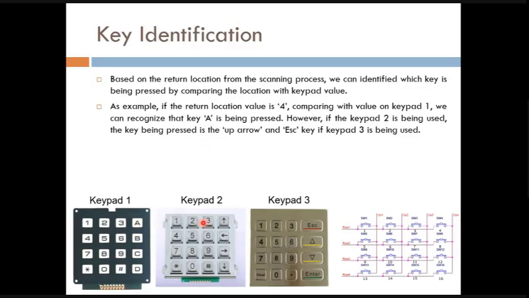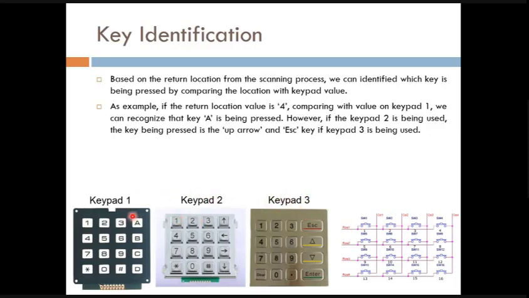If you refer to keypad 2, arrow up is pressed. If you refer to keypad 3, only the escape button is pressed. So the value is not the same, but the method is always similar, no matter what type of keypad is shown here.